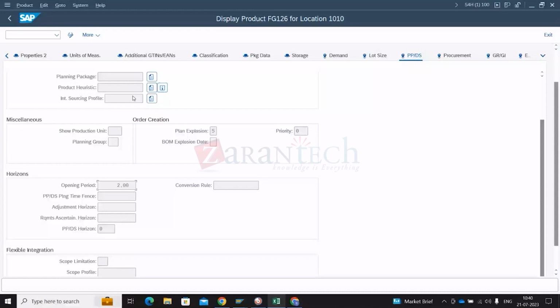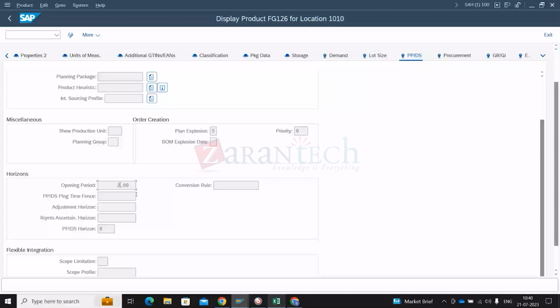Why? Because if you leave it so that you will do the conversion yourself, no planner is so efficient that he would always go in and do it. Sometimes there are cases where the planners would do the conversion on their own, but we have a dedicated section called firming. When we create an order, we will talk about it there. For you, it is important to know there is something called the order opening period.